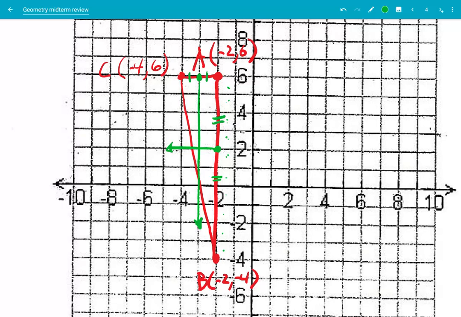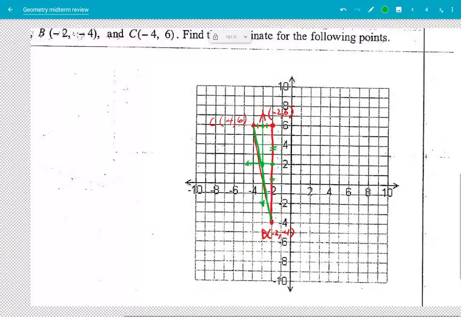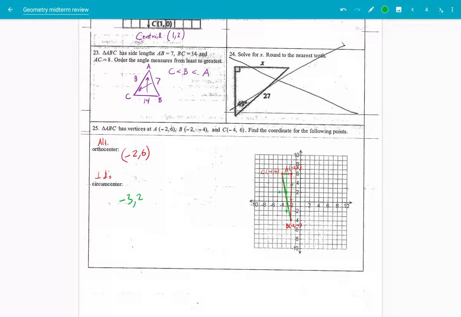I think I just drew this really badly. So it's going to be right there, which is -3, 2. There we go. All right. -3, 2. Yeah, you can draw on that other one, but it's going to be right there. It's going to go that way.